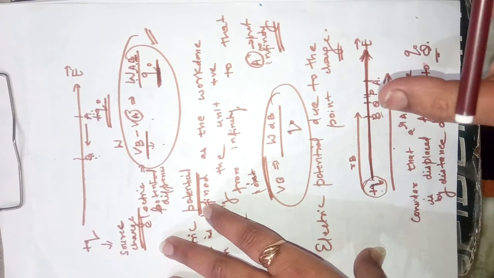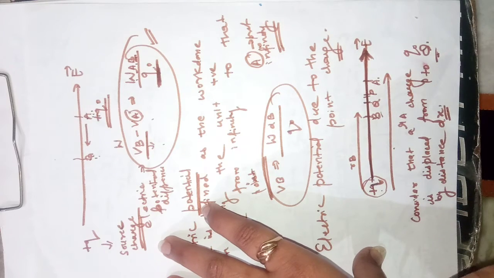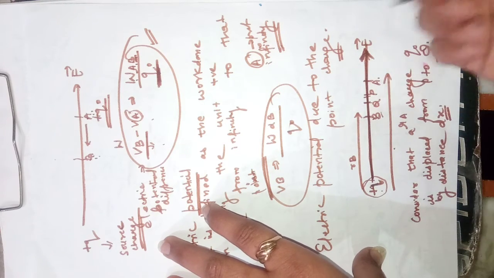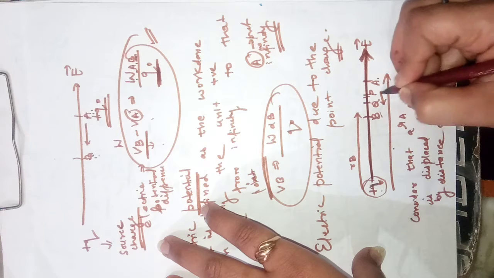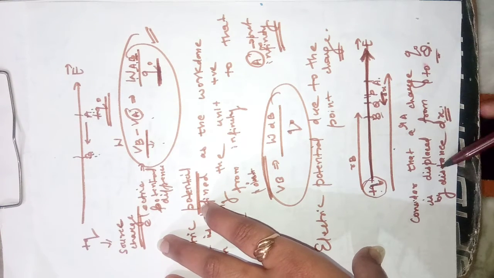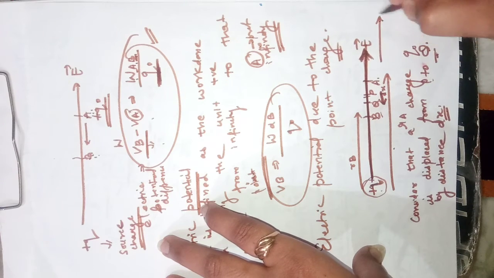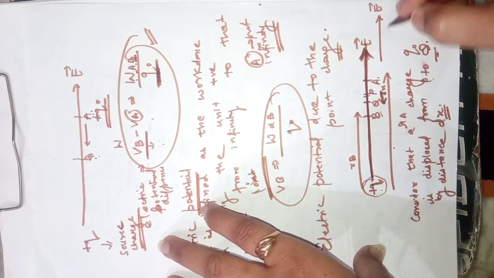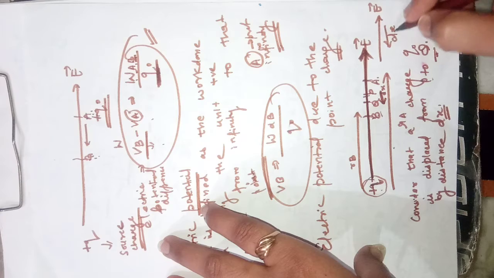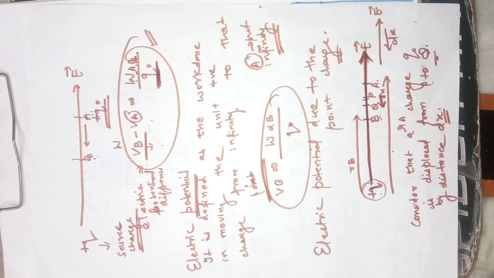That simple thing is understood by all of you, that electric field is in this direction. And our test charge is moving from P to Q by a distance dx. Electric field is in this direction again, and vector dx is in this direction.